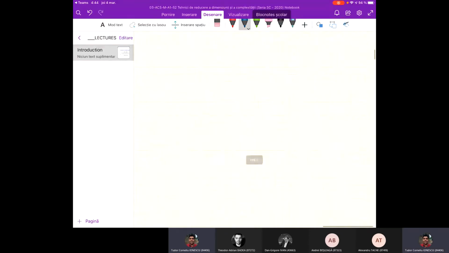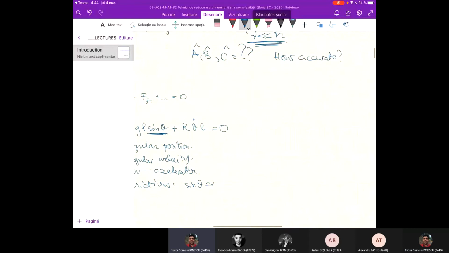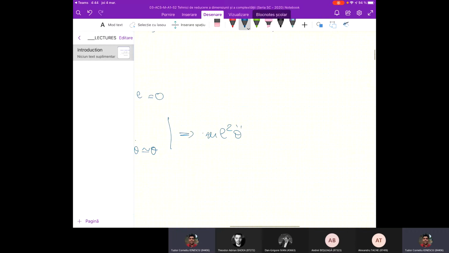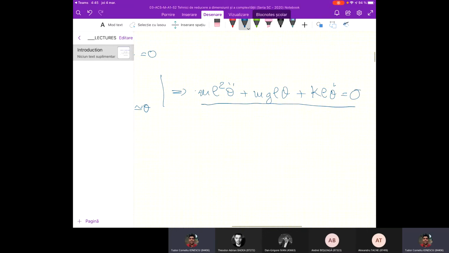Theta itself, exactly. So you get a linear model. This is the linear mathematical model of the pendulum: m L squared theta double dot plus m g L theta plus k L theta dot equals 0. And this is the mathematical equation of the pendulum.